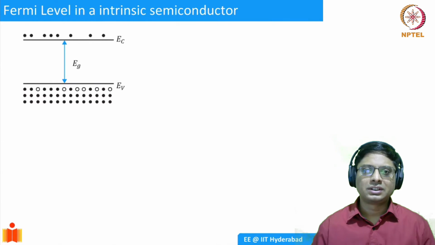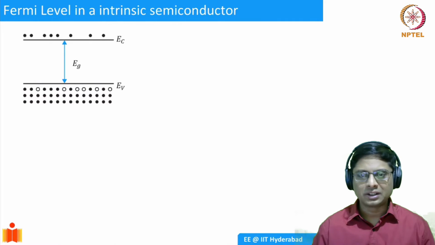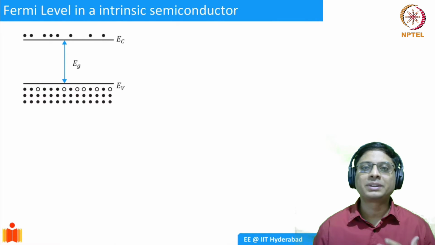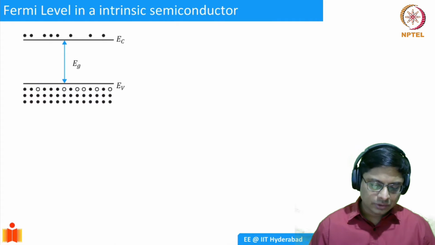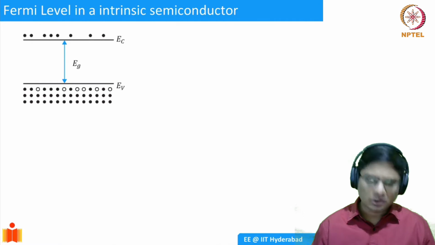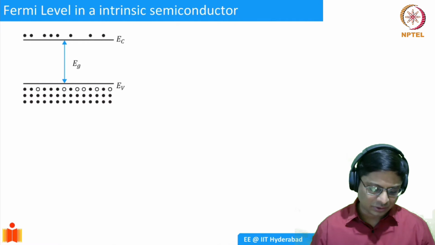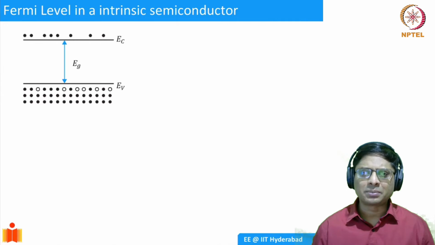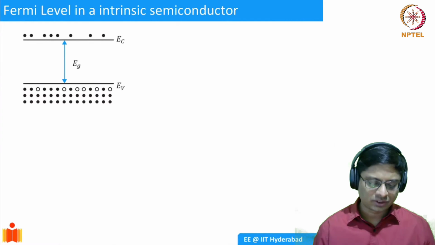The first one we'll consider is what happens to the Fermi level in an intrinsic semiconductor. What would you expect? Where do you expect the Fermi level to be? So in an intrinsic semiconductor, you saw this already many times. You have these electron hole pairs generated, and at a particular temperature, let's say there is some electron hole pair distribution like this.